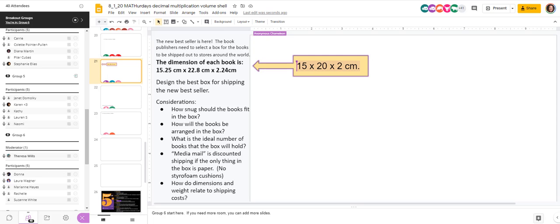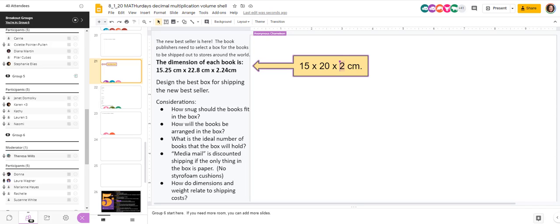Neat. See, that's why I was wondering, and I get the friendly numbers. So I'm wondering if we did 15 by 20 by 4 centimeters, that would make up 2 centimeters in the 22, and then we would only need to do a little bit more after that. That makes sense.